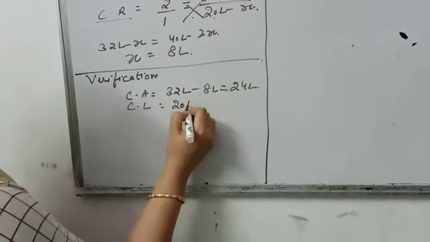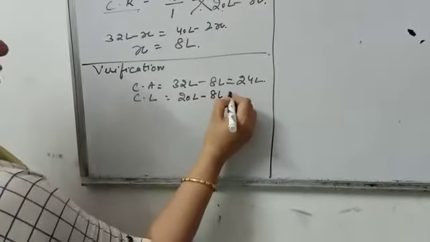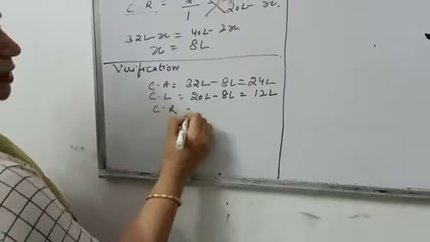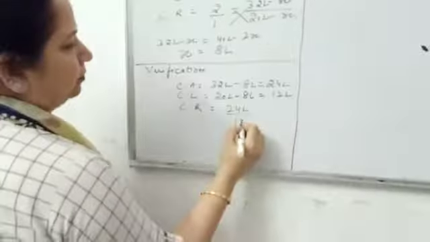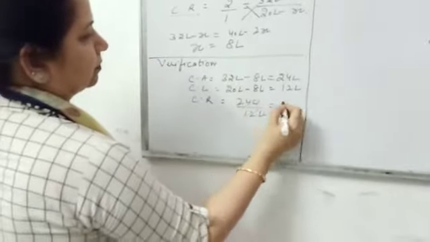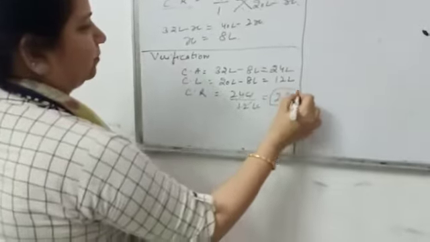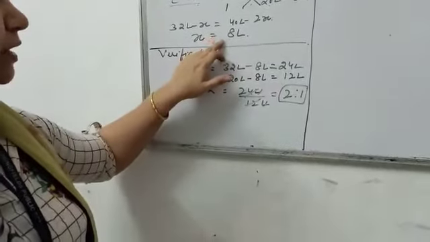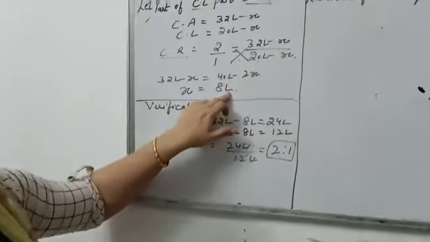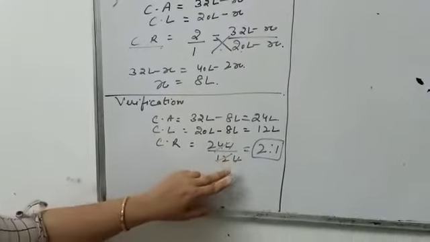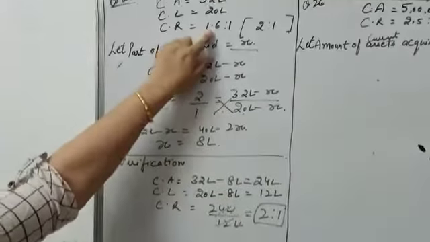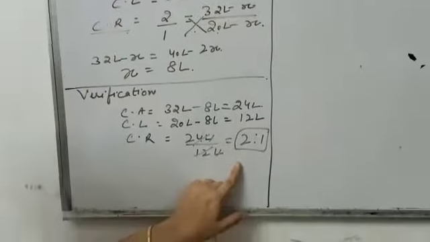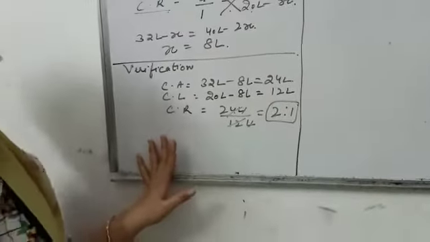That is 20 lakh minus 8 lakh, which comes to 12 lakh. So what will be the ratio? 2:1. It means our answer is correct: if 8 lakh liabilities are paid, then our ratio will go from 1.6:1 to 2:1. Is it clear?